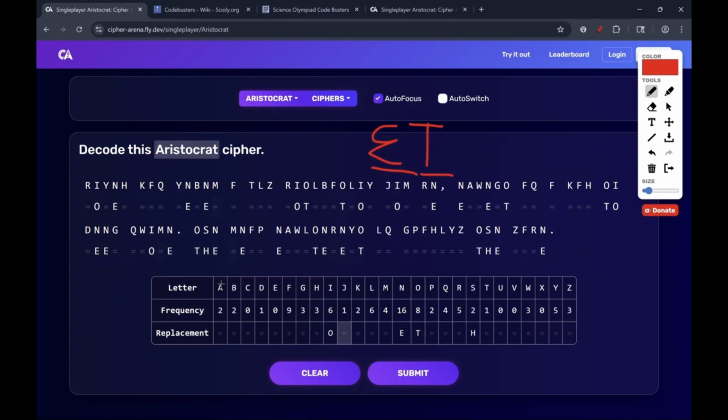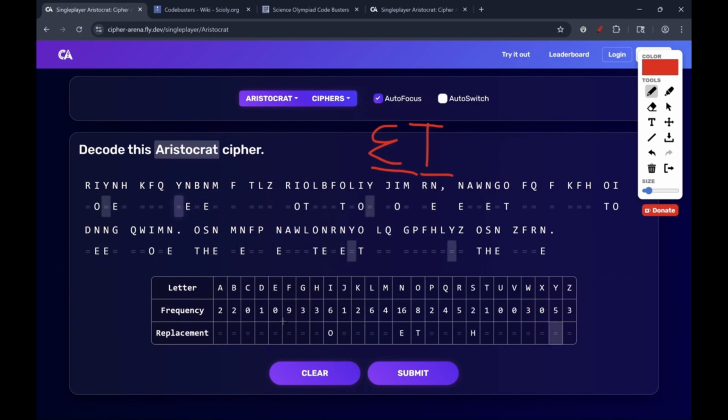Now, something else that I notice is up here, you have this 5-letter word with two E's in the middle, and the letter Y is fairly common, it appears 5 times, and the letter M is kind of common, it appears 4 times.